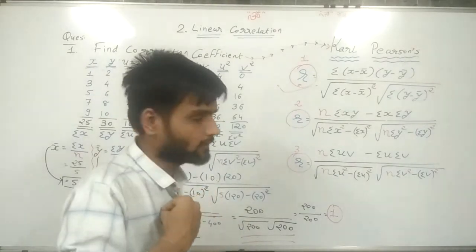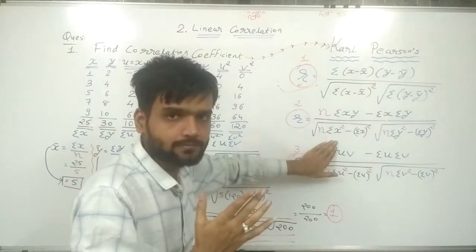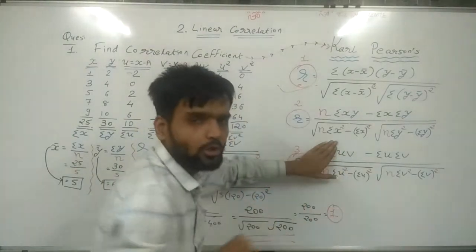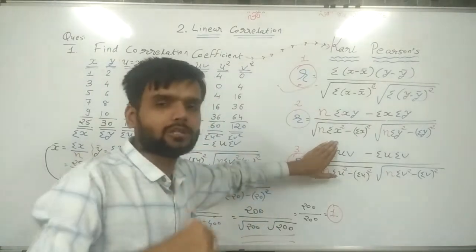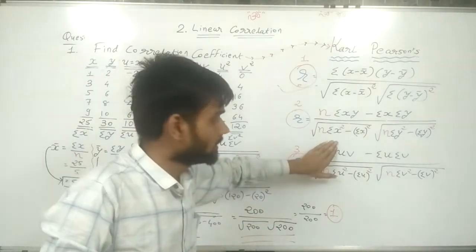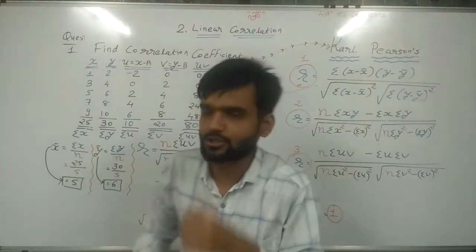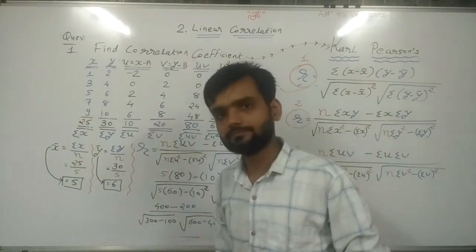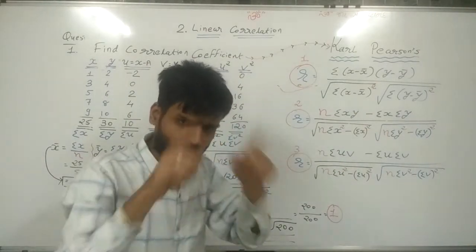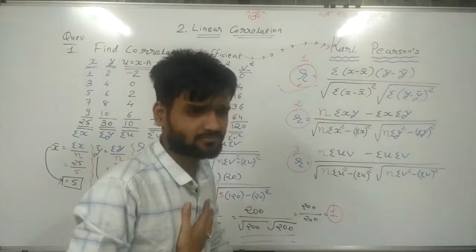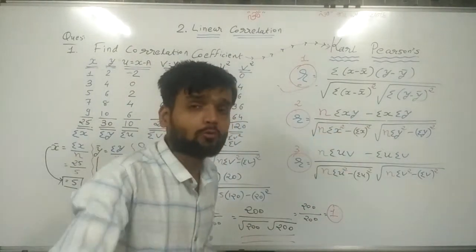So first of all, don't look at sigma. We need u into v, like x into y. Here in this question, x and y are given. Sir, u and v are not given in the question.